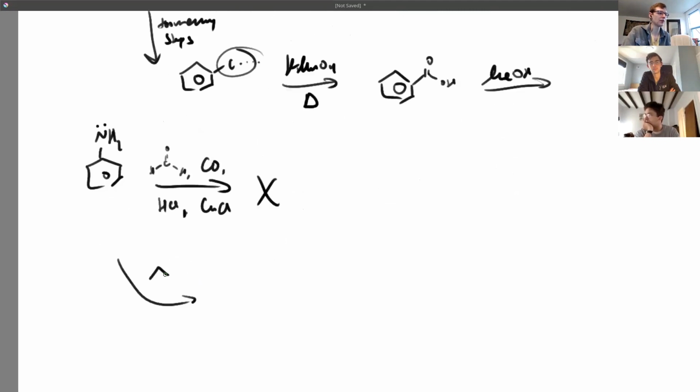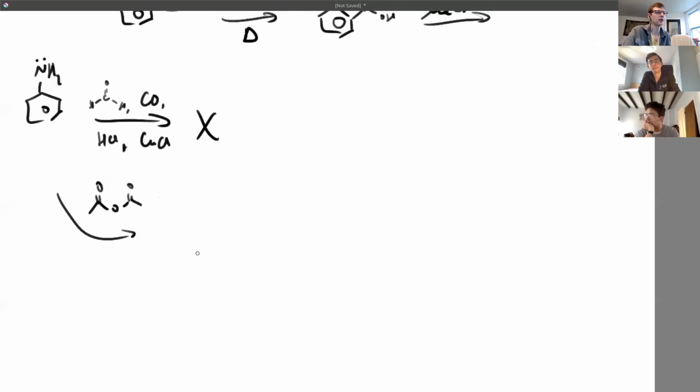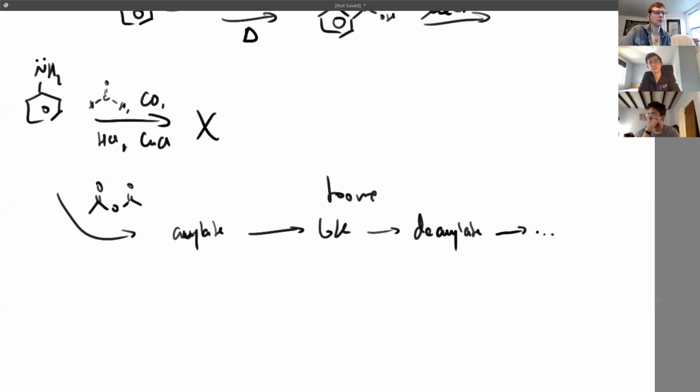So here, we'll have to acylate, right? And then from there, do Gattermann-Koch, and then deacylate. Right, but this is too many steps as well.